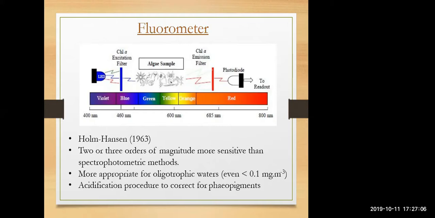It can measure even concentrations below 0.1 milligrams per cubic meter. And as with the spectrophotometers, we can also use the acidification method, or the acidification correction, to consider the influence of pigments in our samples.